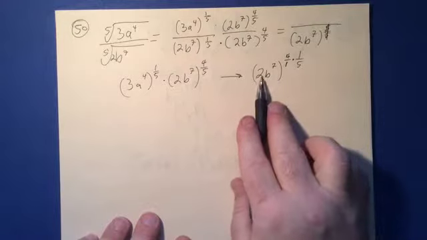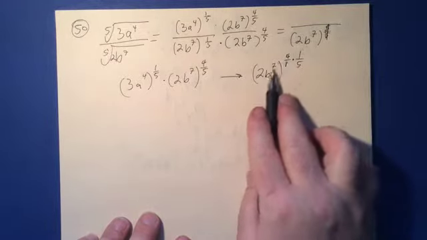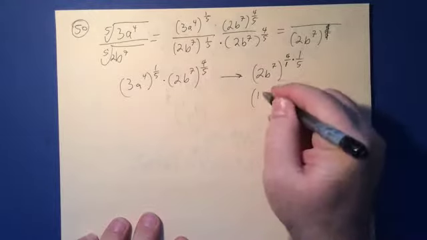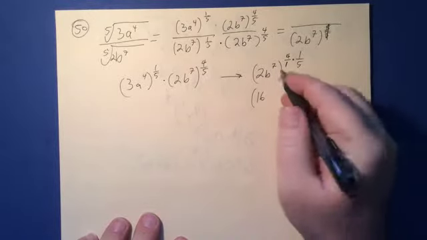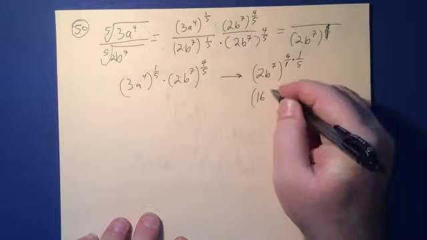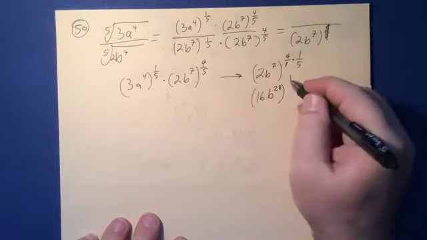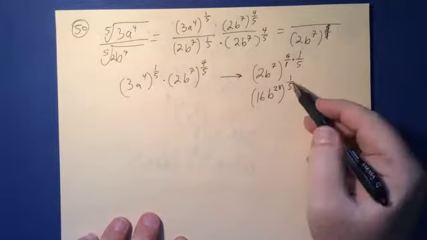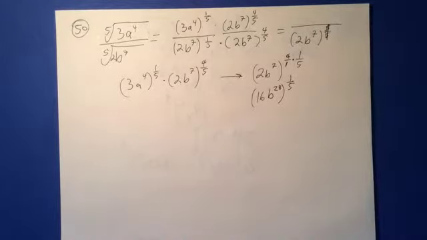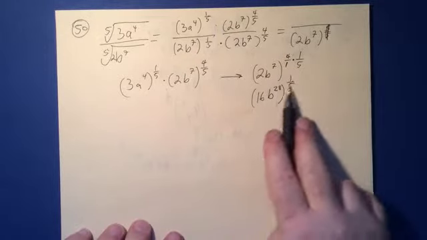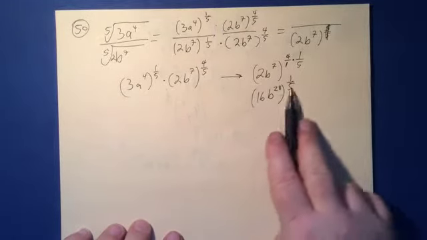So 2b to the seventh, that's going to be times to the fourth. Well, 2 to the fourth is going to be 16. B to the seventh to the fourth, I multiply these together. That's going to be b to the 28th, and I raise that to the 1/5 exponent.